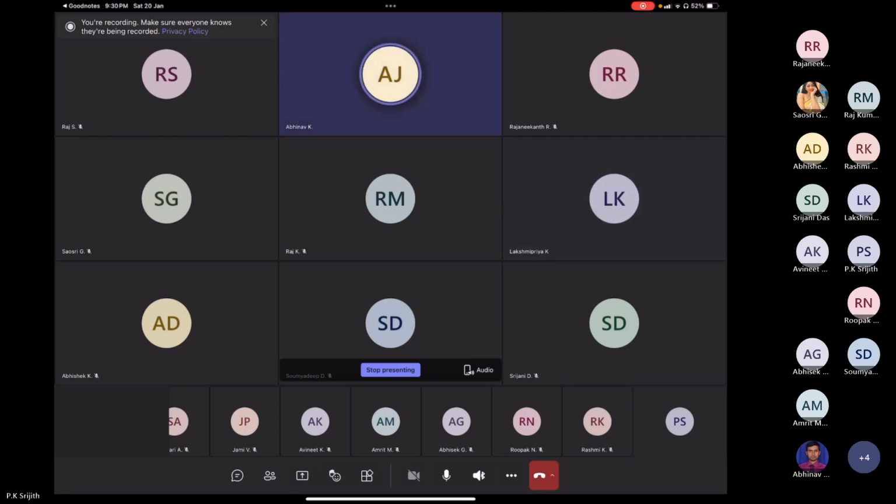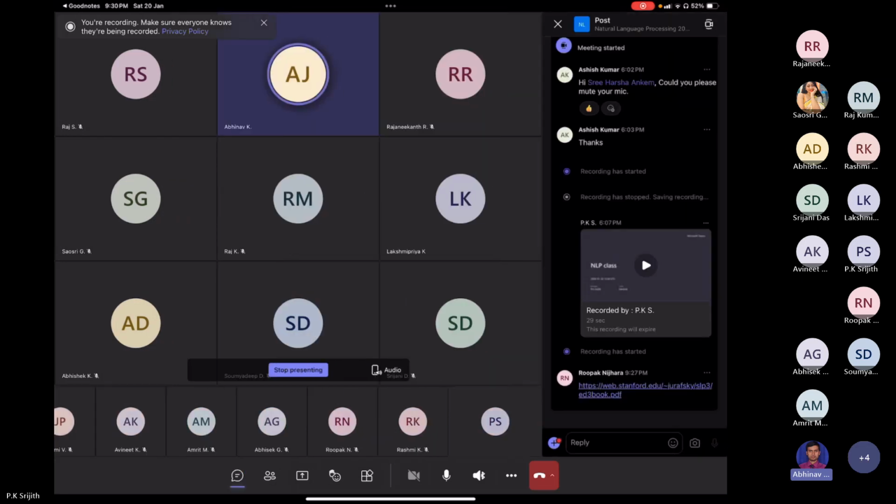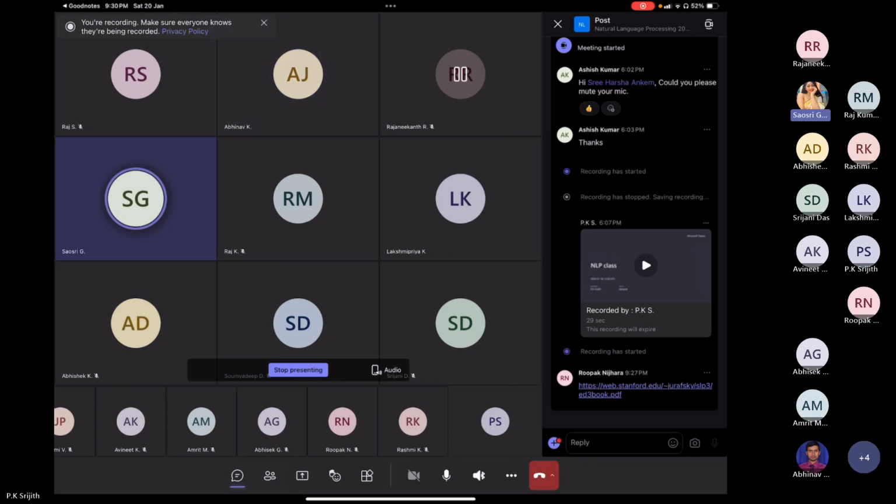Anybody else? From MDS 2023, nobody is taking it. I haven't taken convex optimization either. Okay, sure.